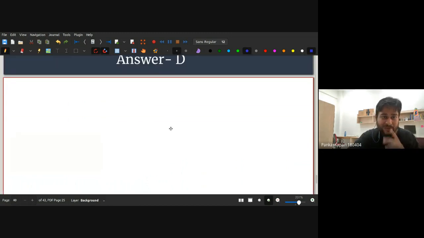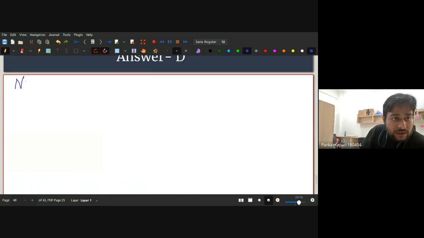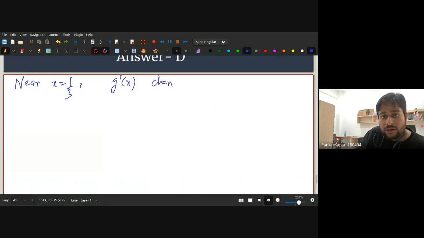Okay, so what is happening? Near x equal to 1/3, the derivative g prime x changes its sign from negative to positive, right?